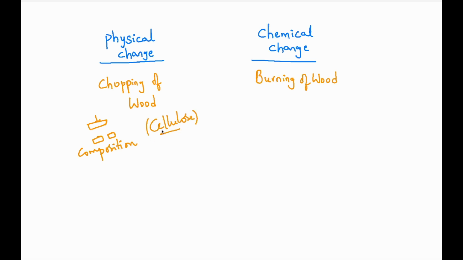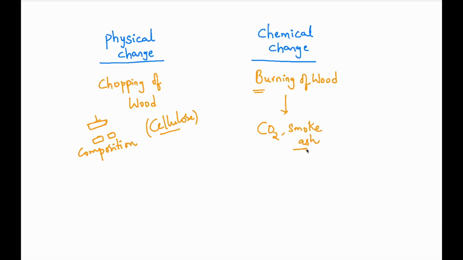Now, chopping of wood is considered a physical change as you are just breaking it down into smaller pieces, but the molecular composition is still the same. Now, when we burn wood, this becomes a chemical change because burning of wood would give carbon dioxide gas into the atmosphere, smoke, and ash.